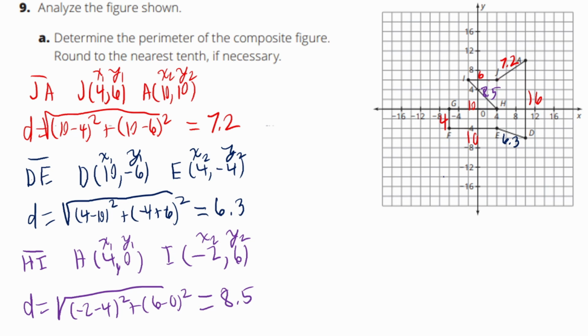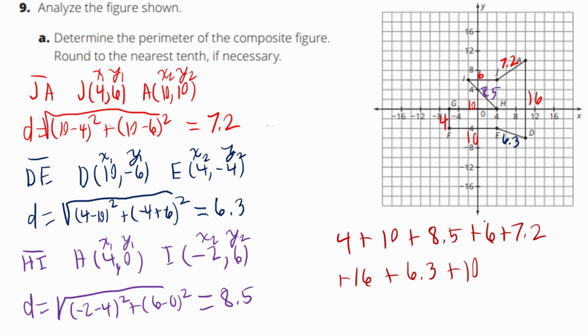And all we have to do is add all of this up. So what is that going to look like? Let me change my color again. We add all this up. So I'm going to start at the 4. 4 plus 10 plus 8.5 plus 6 plus 7.2. Now I'm going to have to come under, plus 16 plus 6.3 plus 10. And we went all the way around.